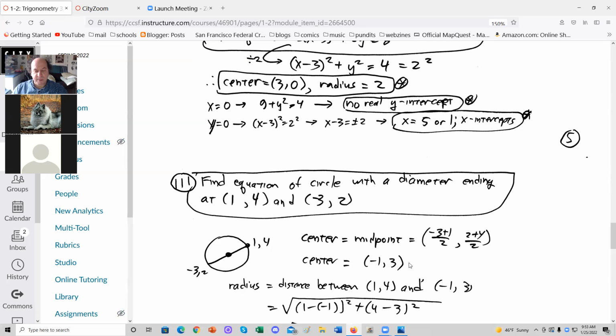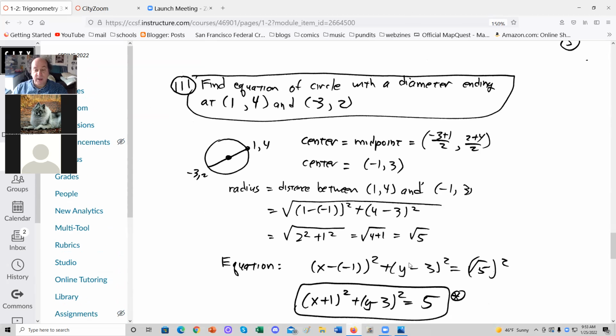There's the center. For the radius, let's take the distance between the center, -1 by 3, to 1 by 4. We could also take the distance between -3 by 2 and 1 by 4, but then I have to take half of that at the end. Let's do this. Okay, from 1 by 4 to -1 by 3: 1 minus -1 squared, 4 minus 3 squared.